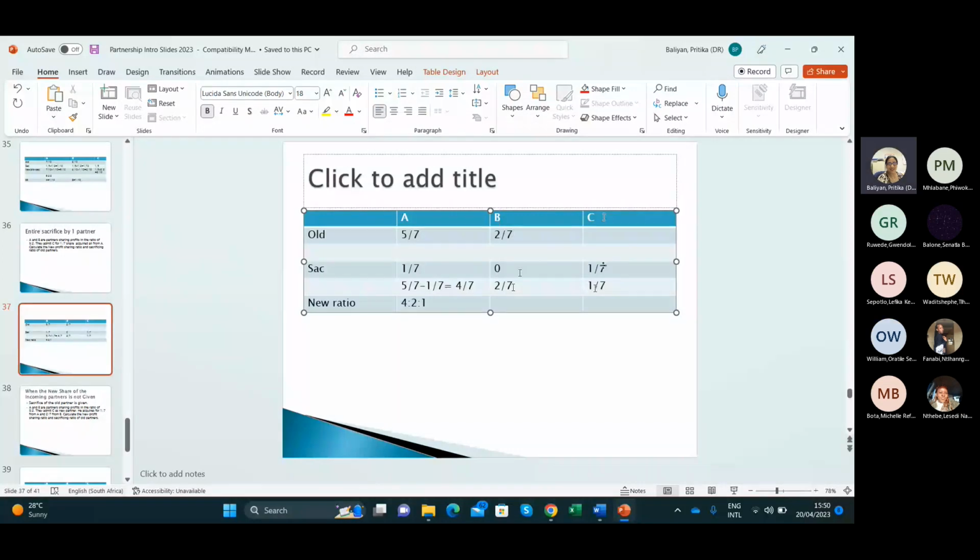So A has 4/7, B has 2/7, and C has 1/7, all with the same denominator of 7. The new profit sharing ratio will be 4:2:1. Like that we calculate when only one partner sacrifices his proportion for the new partner.